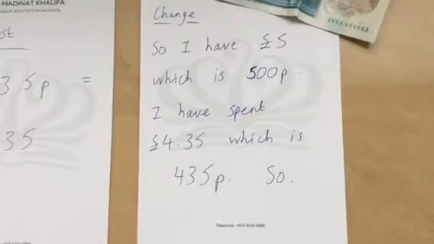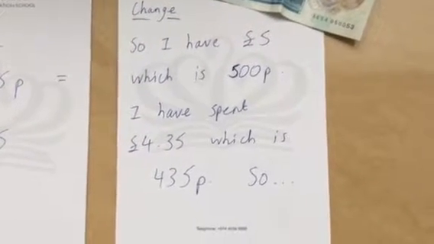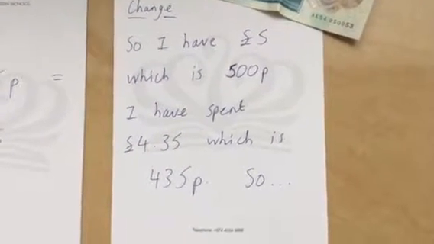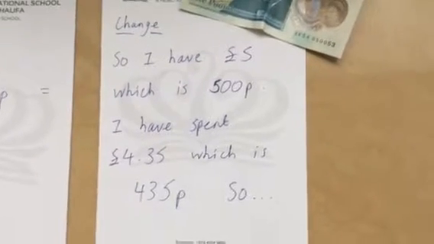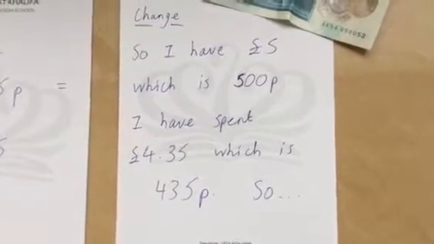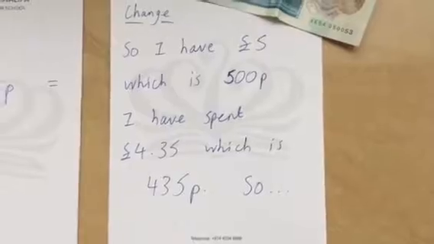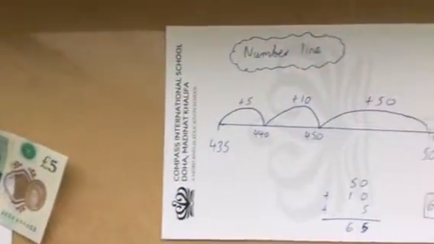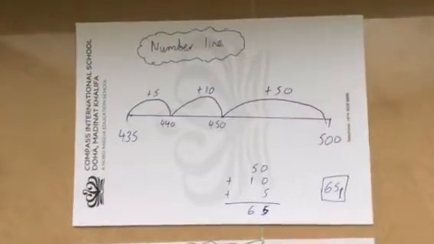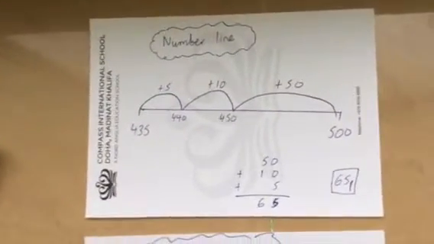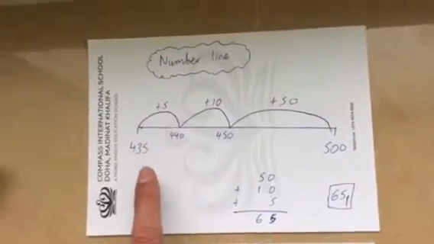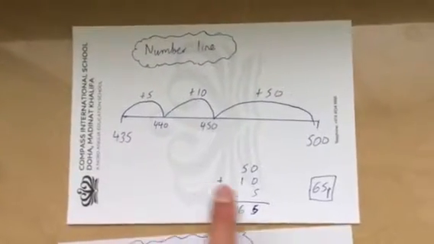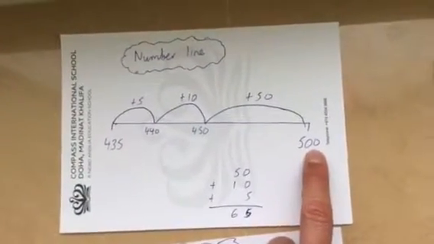The way we work out difference is through subtraction. So subtraction, finding the difference, we can work out using a number line. So on my number line, I put 435 at the start and I put 500 at the end.